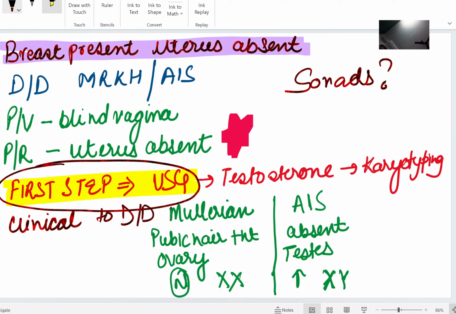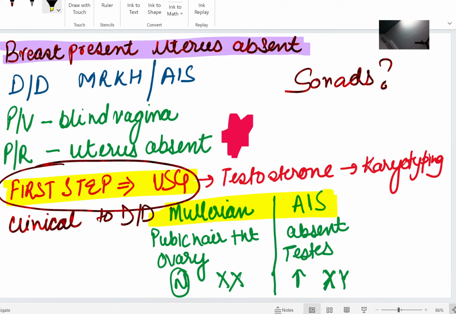Okay, so now let us see the differential features of Mullerian agenesis, MRKH, and androgen insensitivity syndrome, AIS. Pubic hairs are present in MRKH, they are absent in androgen insensitivity syndrome. In Mullerian agenesis, the ovaries are present, whereas in androgen insensitivity, instead of ovaries, testes are present.